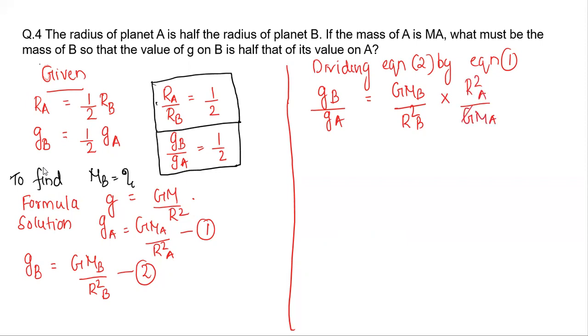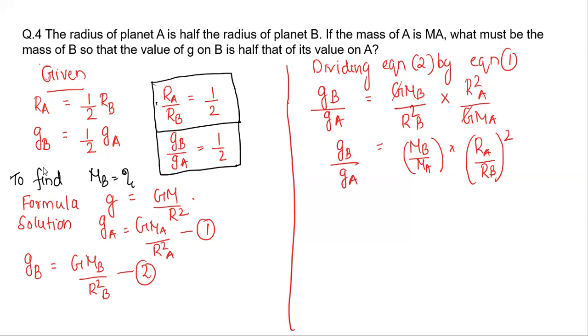Okay, G will get cancelled. Now I am going to write mass term together. That is MB in the numerator, MA is in the denominator. MB upon MA into RA upon RB, both are square. So I am writing square together. Okay. This is GB upon GA.